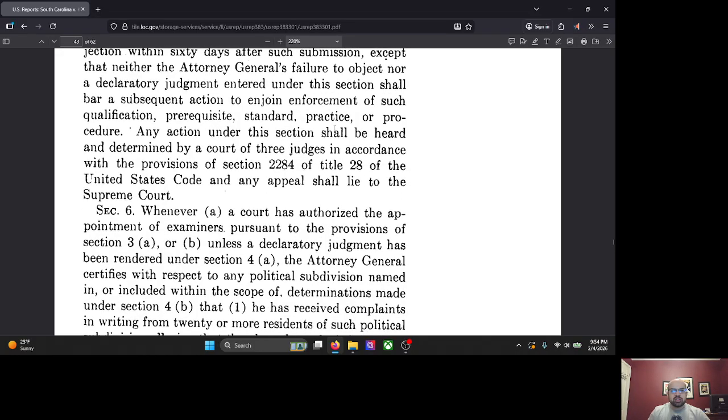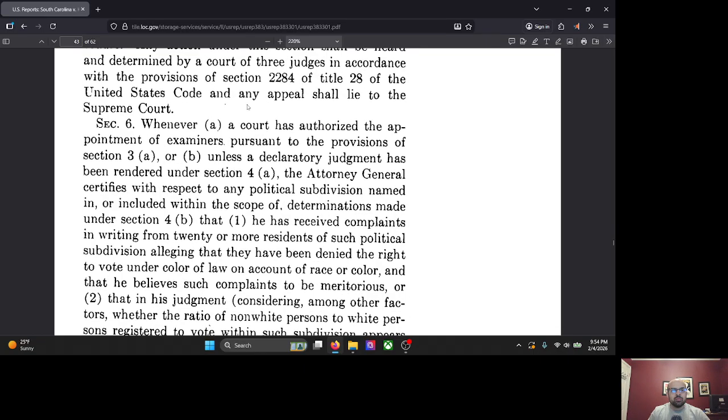Any action under this section shall be heard and determined by a court of 3 judges in accordance with the provisions of Section 2284 of Title 28 of the United States Code, and any appeal shall lie to the Supreme Court.